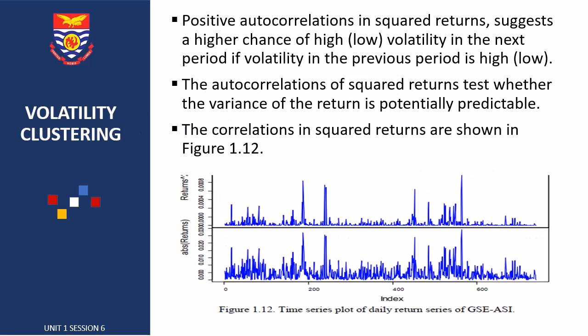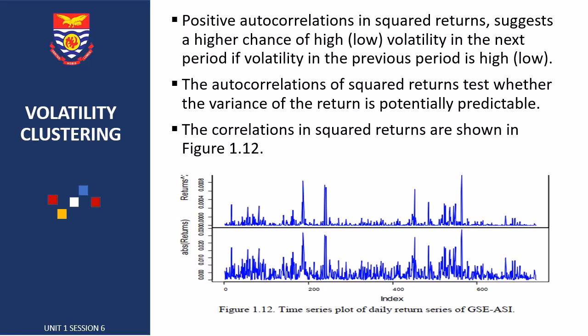In our earlier sessions, we made mention of the autocorrelation test being a test to identify whether the market is efficient, that is the test for the efficient market hypothesis. Here we are saying that positive autocorrelations in squared returns suggest a higher chance of high volatility in the next period if the volatility in the previous period is high, or a lower volatility in the next period if the volatility is low.